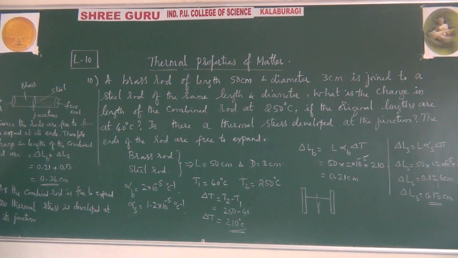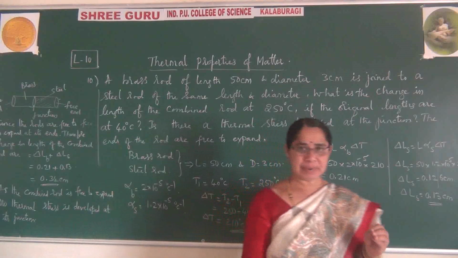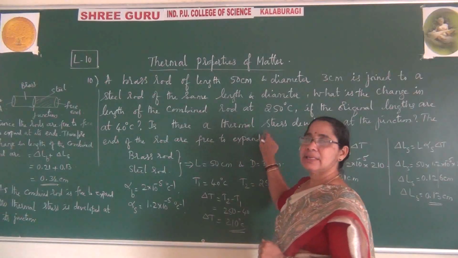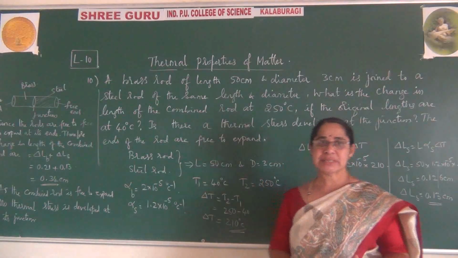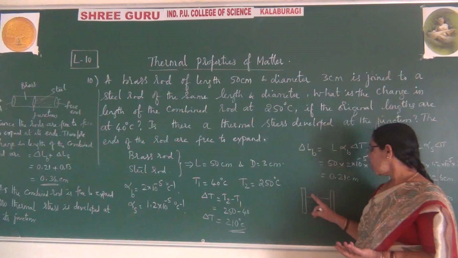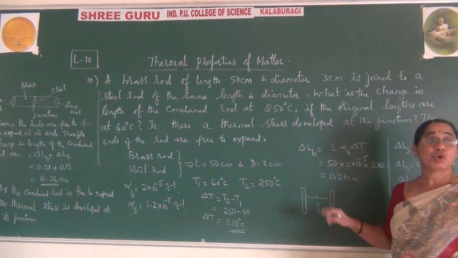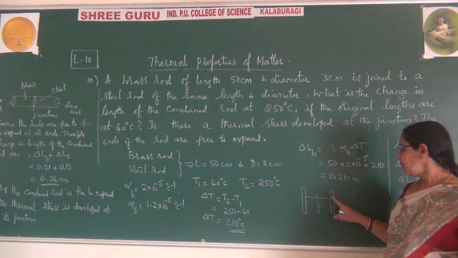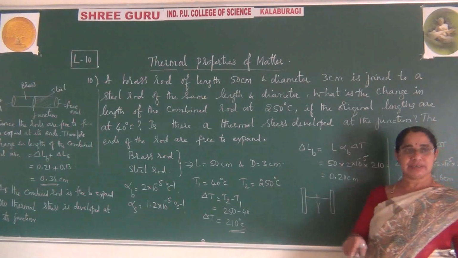Please observe, as you have solved in the previous problem, it is a similar type of problem with only one extra step, this thermal stress. To explain this, you should know the concept of thermal stress. When the rod is fixed to a rigid support and you heat it, there is no space to expand because it is a fixed position, and at that time stress will be developed at its ends. That is what you have learnt.